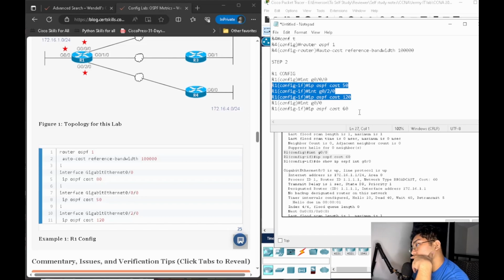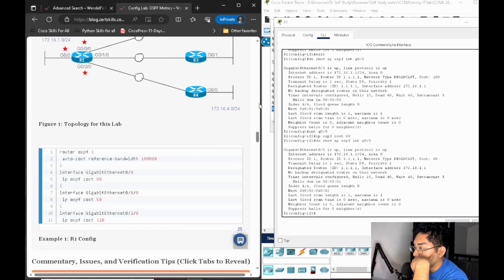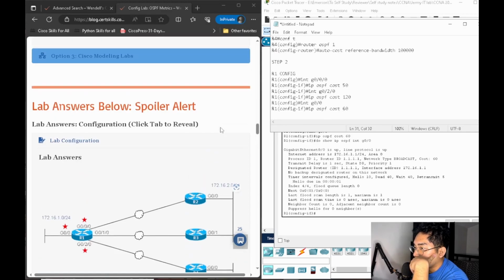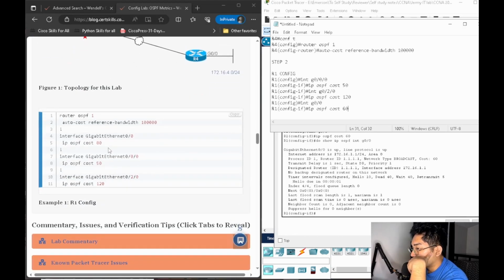I think the cost is changed to 80 on G0/0, keeping in mind that after changing the G0/2 cost to 120, it changed back to its default cost, which is 100.